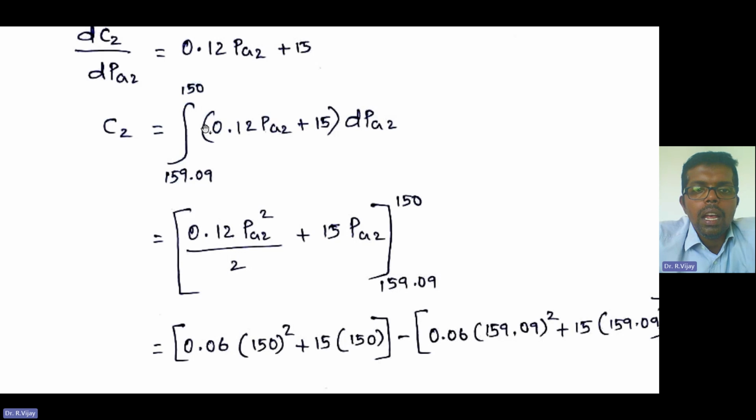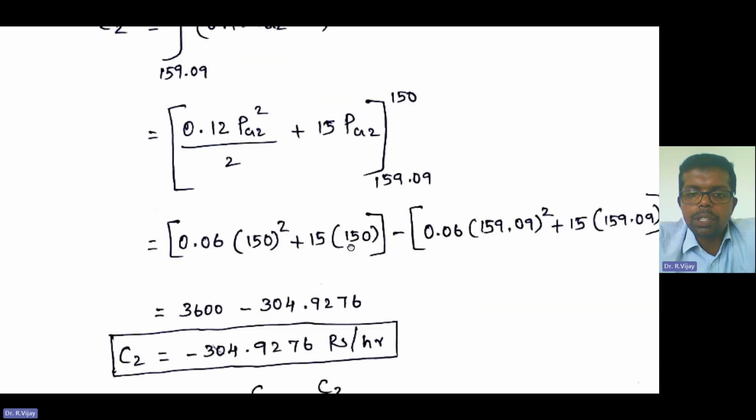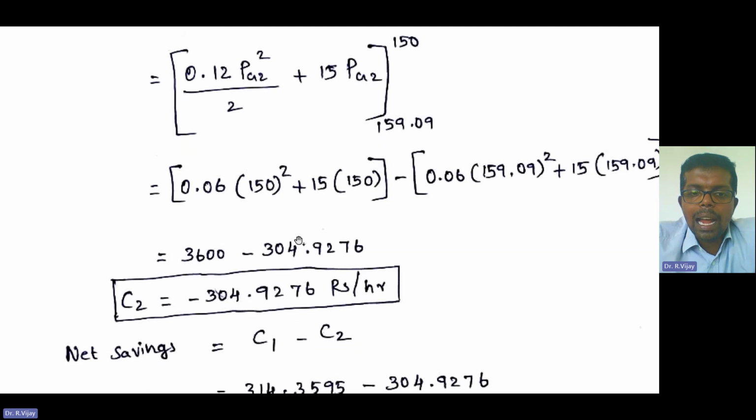We are integrating with respect to dPG2. While integrating, you'll get 0.12 PG2 squared divided by 2 plus 15 PG2, with lower limit 159.09 and upper limit 150. Just substitute and you get the answer as minus 304.9276 rupees per hour. This is cost 2.